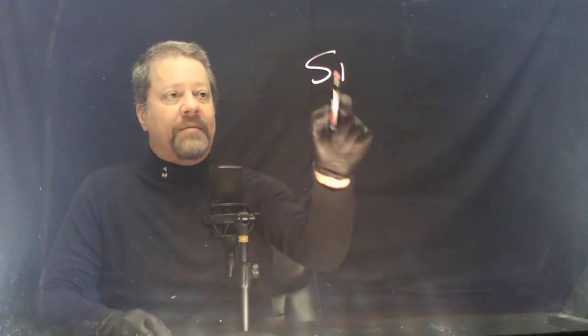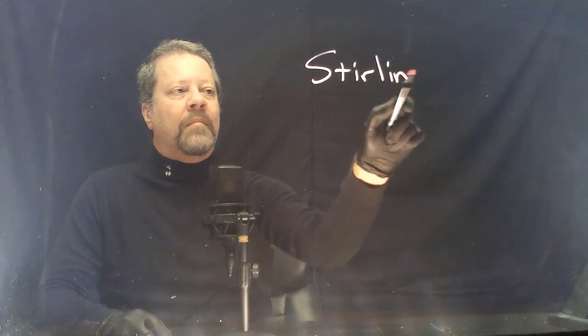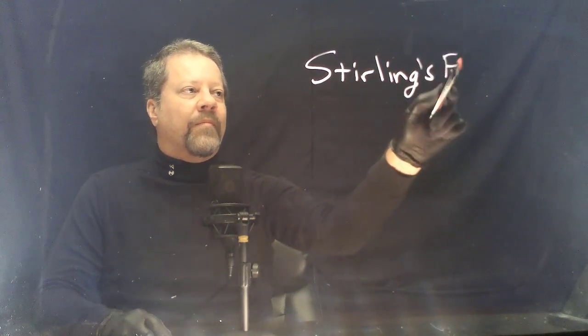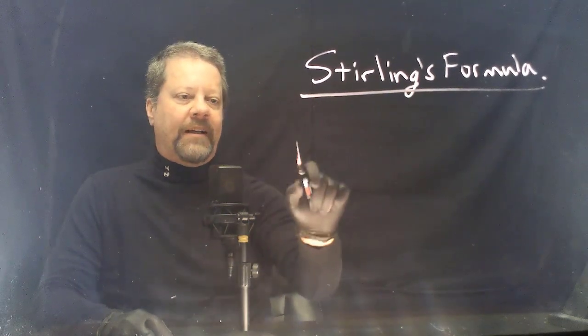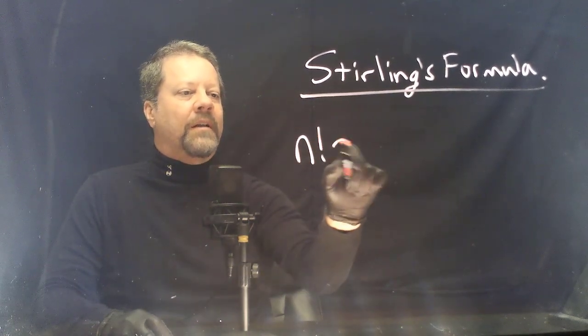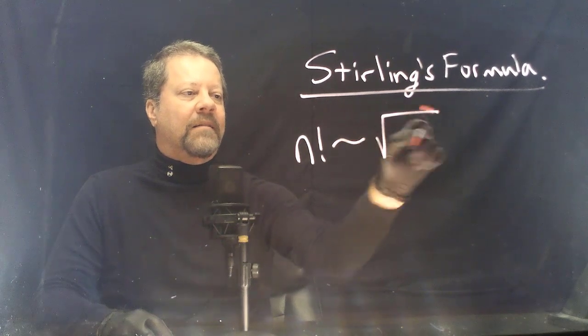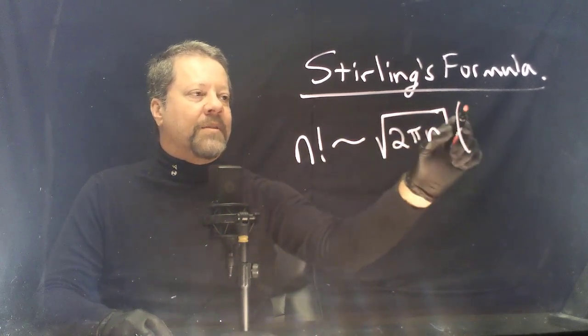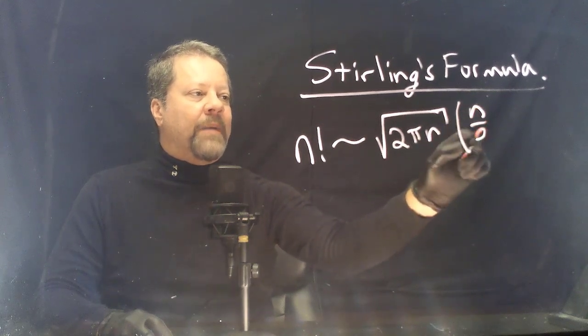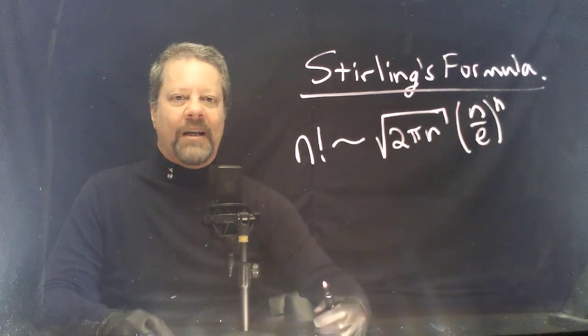Stirling's formula gives us a way of estimating n factorial. It's approximately the square root of 2 pi n times n divided by e to the power n.